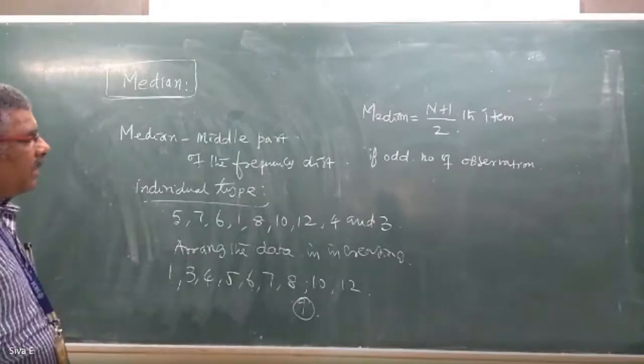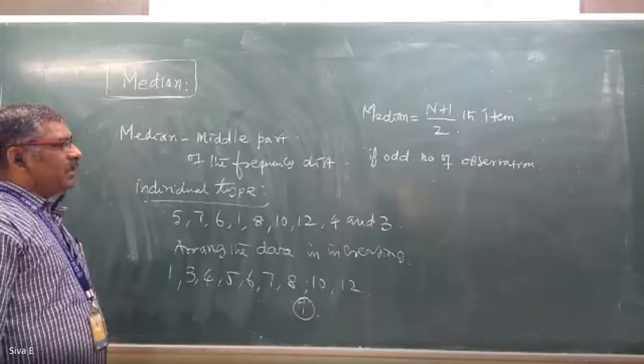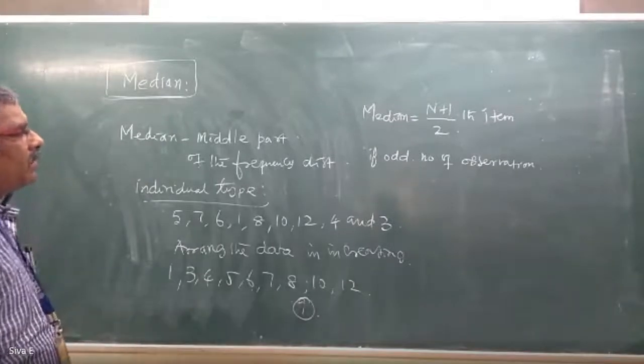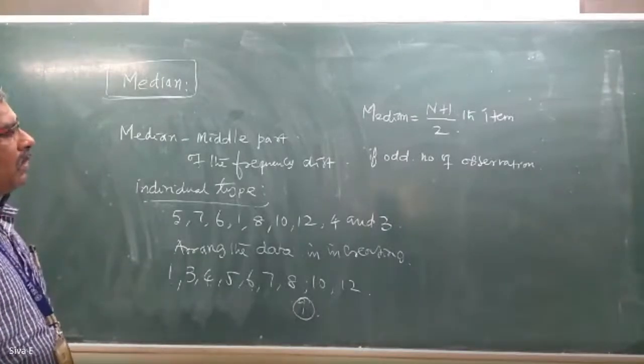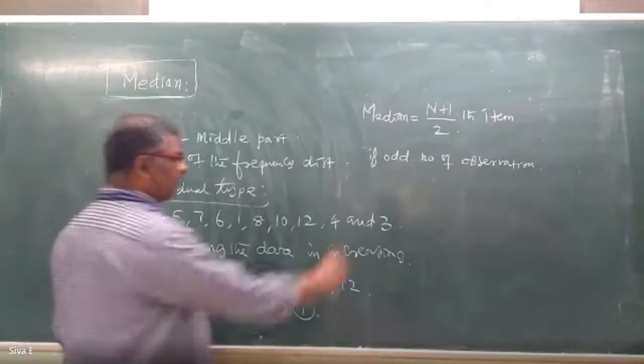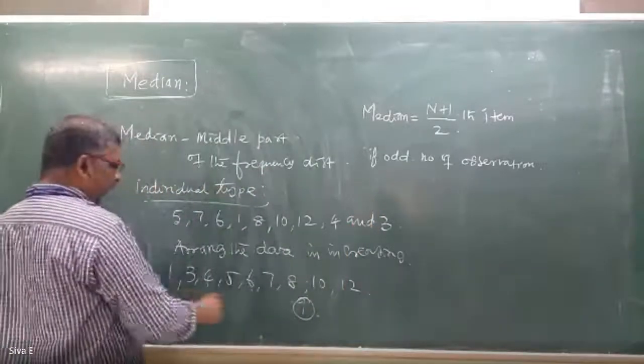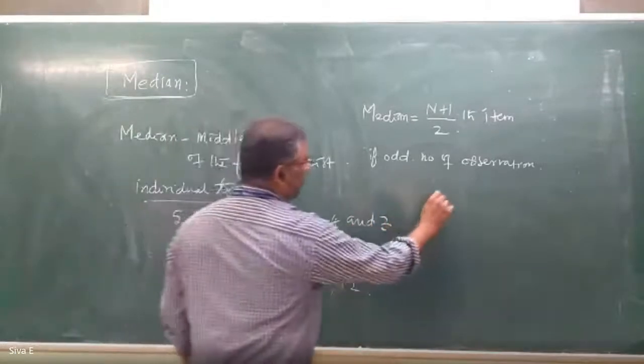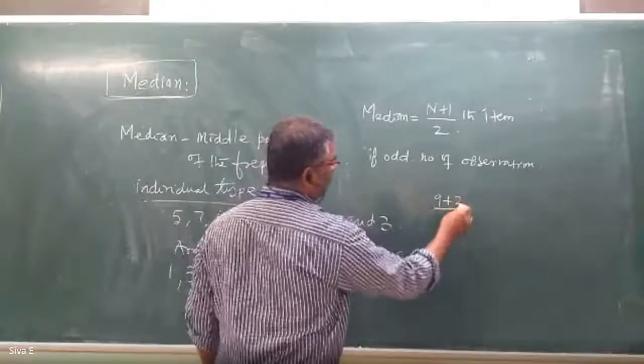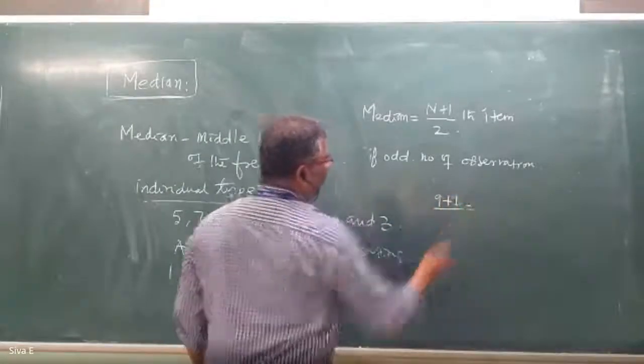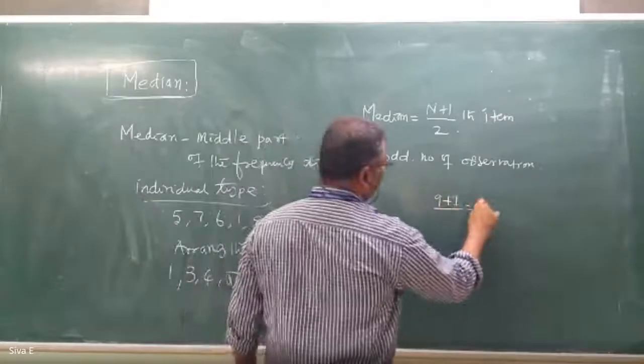If the data is given as an odd number of observations, the formula is (n plus 1) by 2th item. Here 9 plus 1 by 2, that is 10 by 2, which means the 5th item.